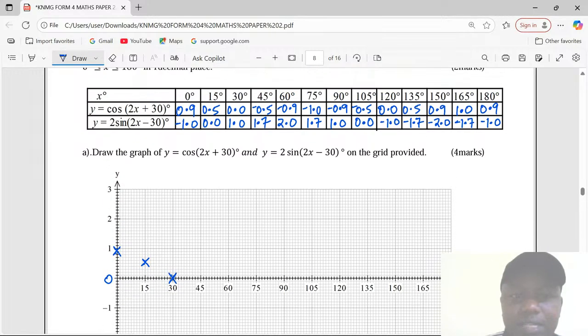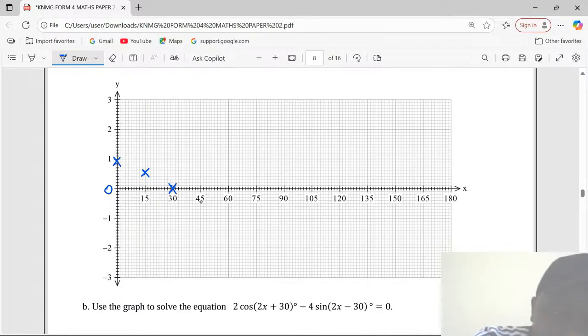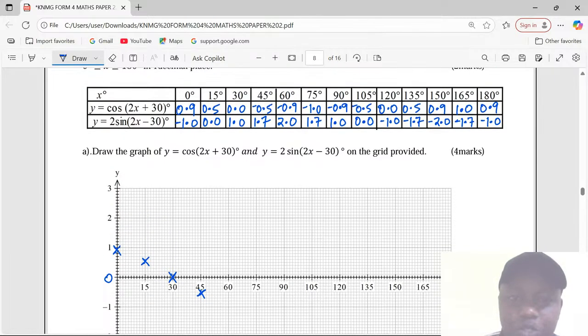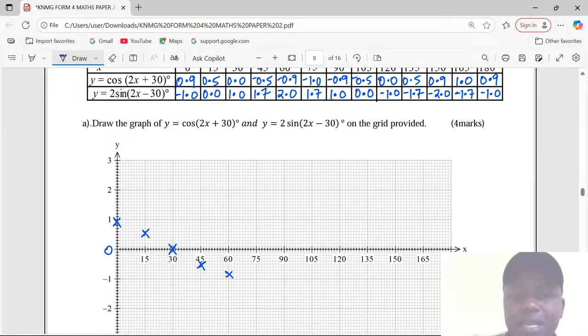The next is 45 and negative 0.5. Negative 0.5 should be on the lower side of the x-axis. 60 goes with negative 0.9, just before negative 1.